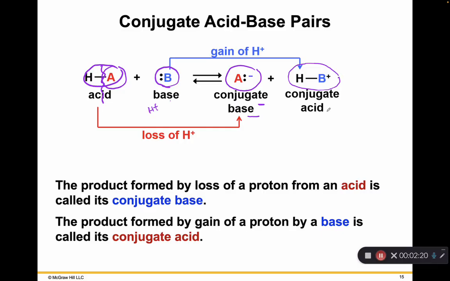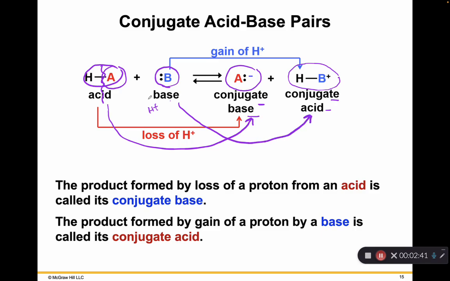The product is known as the conjugate acid. So I can read this: every acid can form a conjugate base as a product in a reaction with a base, and a base can form a conjugate acid as a product.